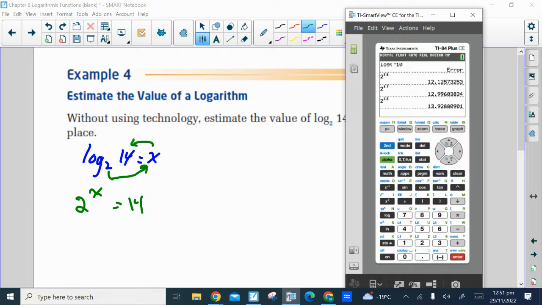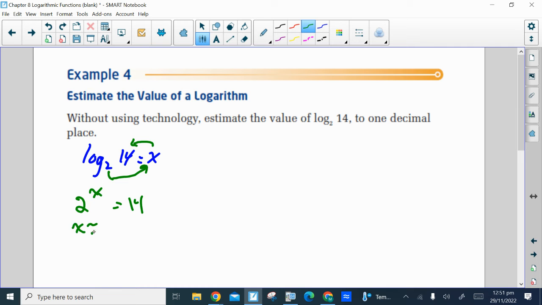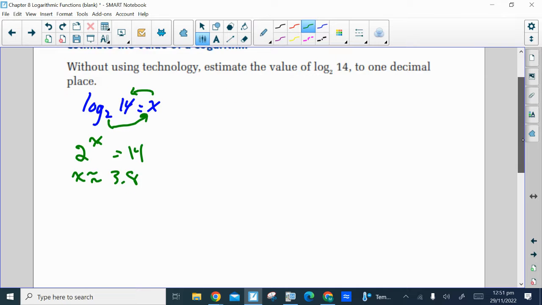That's probably as close to 14 we're going to get without going over, like 13.9. If we do 2 to the power 3.9, that's further away from 14 than the last one we did. So using technology to guess and check, we can say x is approximately 3.8. Approximately.